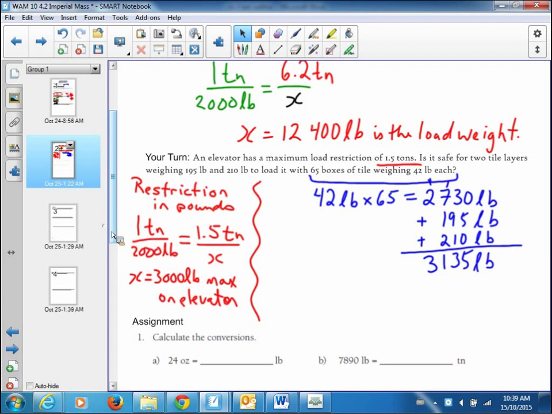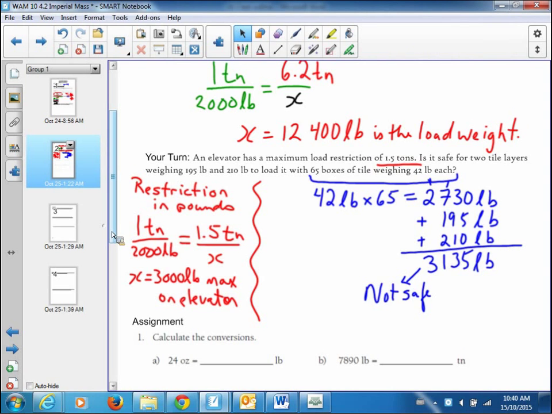That's not safe. So your turn. Is it safe? Not safe. They could do this though, because it's only 135 pounds over. They could just send one person up at a time, or else cut the load in half and just send it in 2 trips.